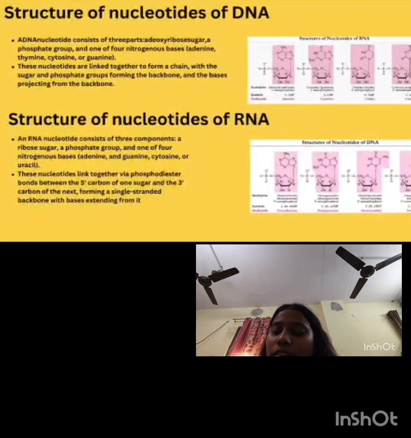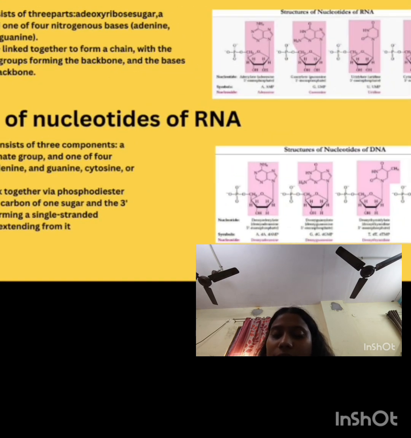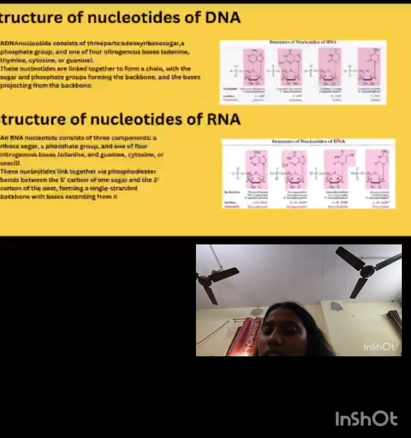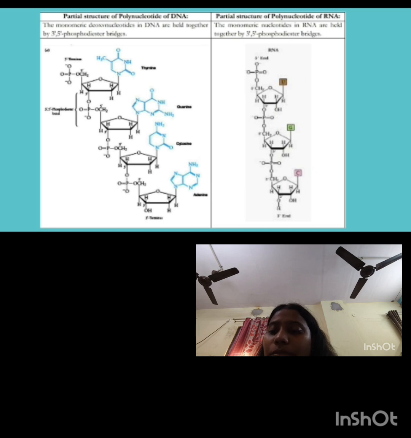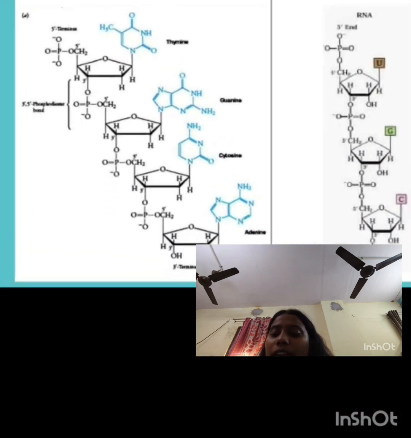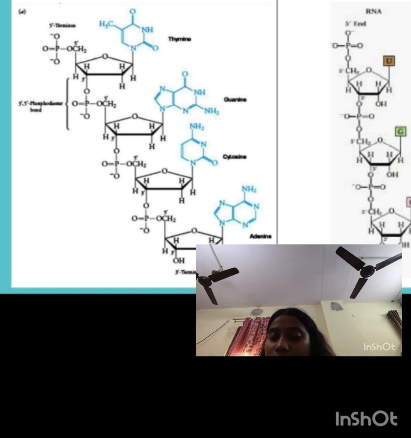Now I'm going to the second-last slide, which is the partial structure of polynucleotide of DNA. The monomeric deoxynucleotides in DNA are held together by 3' to 5' phosphodiester bridges.